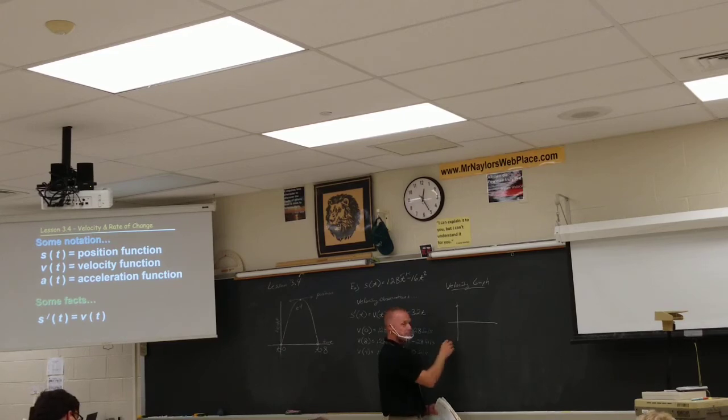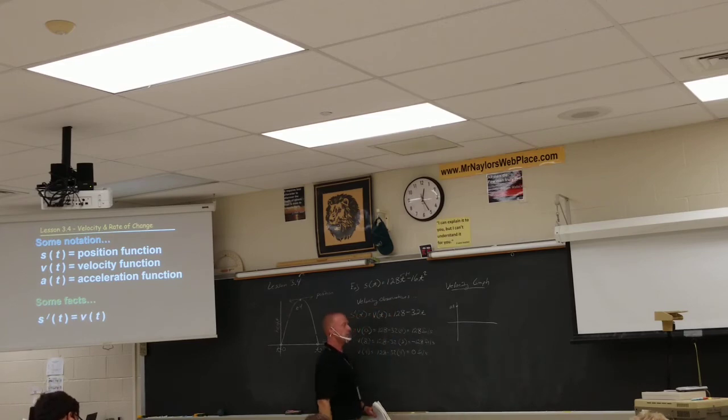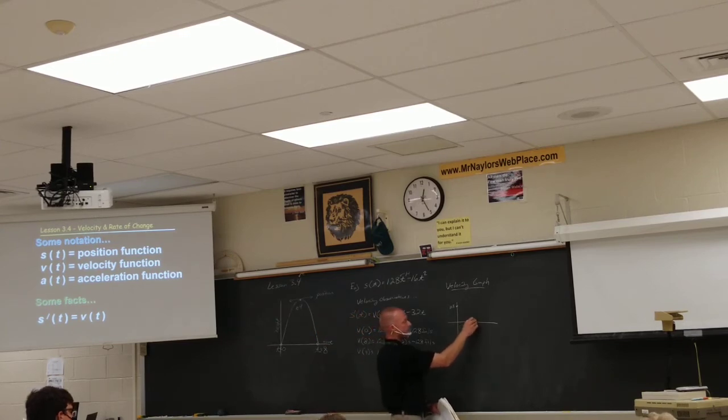If I'm going to make a graph of that, then I'm going to put a point at 128, of course matching up with 0. And then I have a slope of 0, or a velocity of 0, at 4. So I'm putting a point at 4, 0. I guess we should get a little more exact and call this 0, 128.